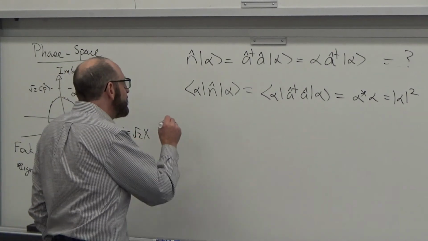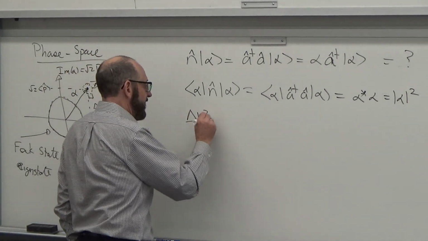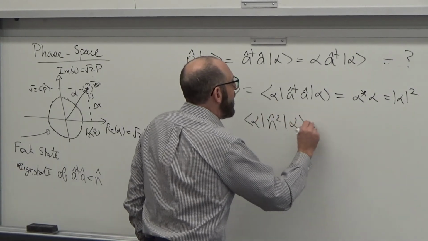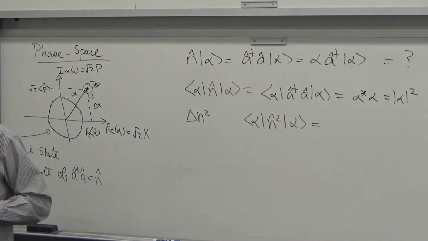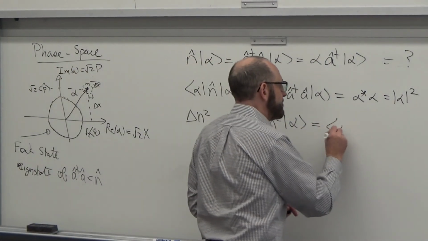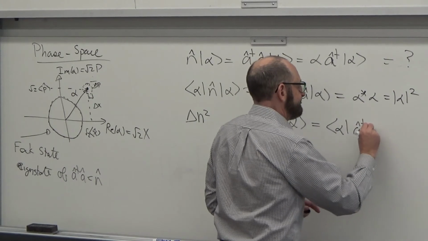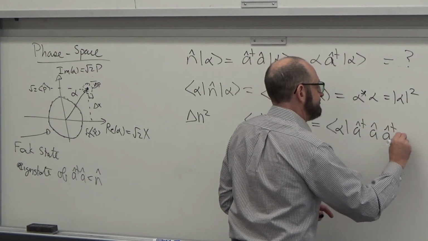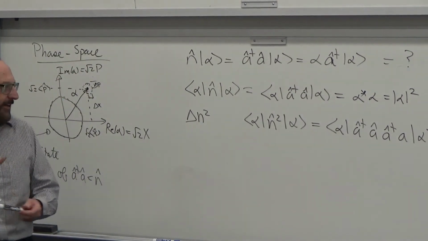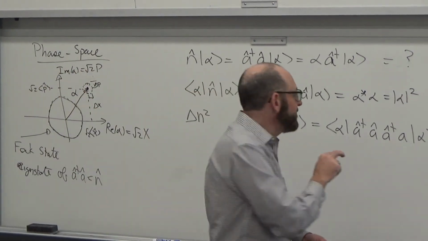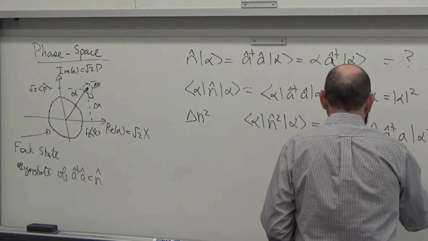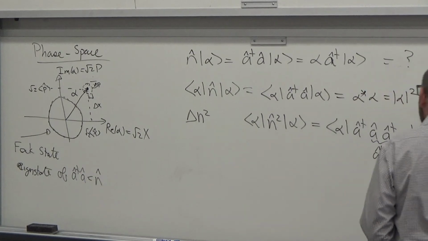So now I ask you, what are the fluctuations in the number? Well, the way we calculate that is we need to look at the mean of n squared minus the mean of n, squared, and how are we going to do that? We normally order it through commutators. So I replace this by a dagger a plus 1.